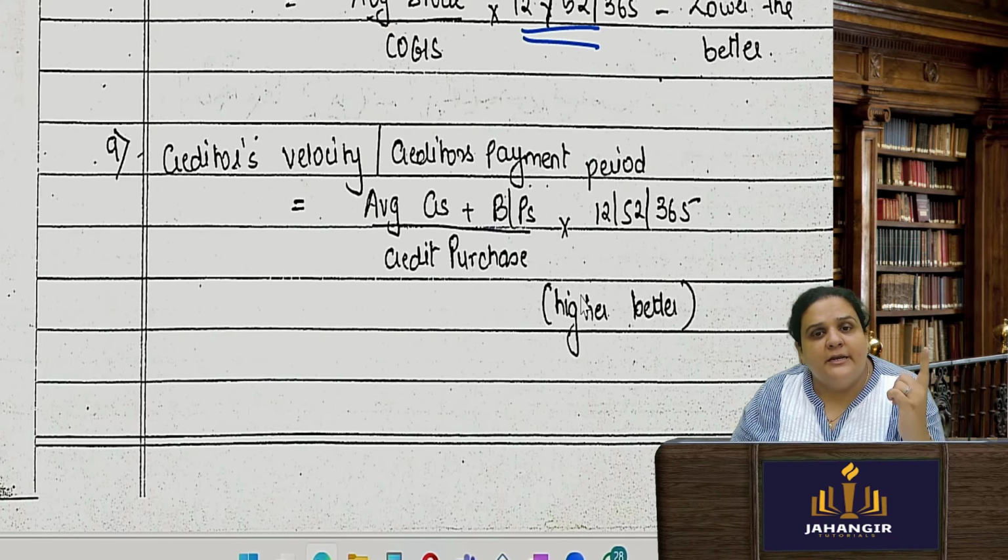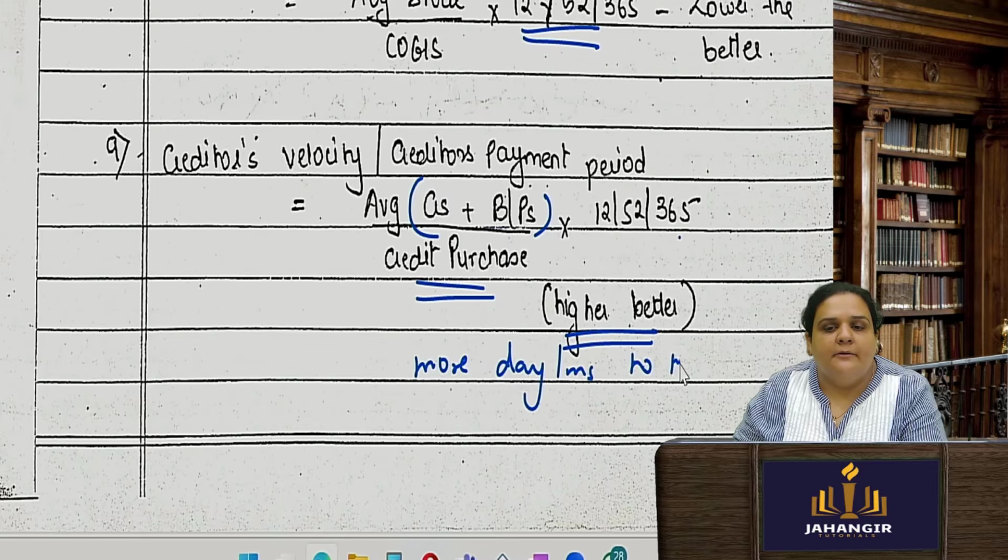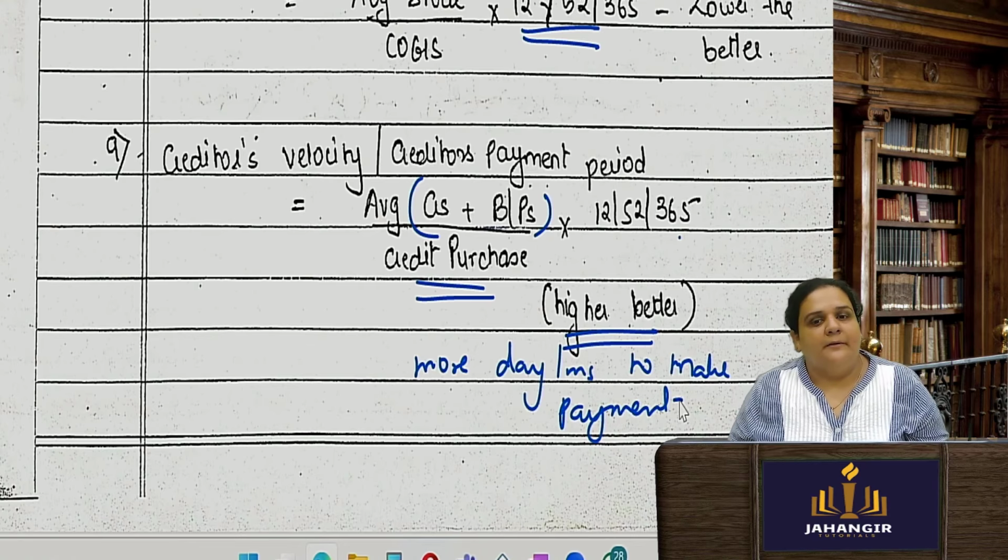So average creditors plus bills payable upon credit purchases into 125 or 365. Higher the better, means I am getting more time, more days or months to make the payment, or more credit period. So the greater the credit period, better for the company, right?